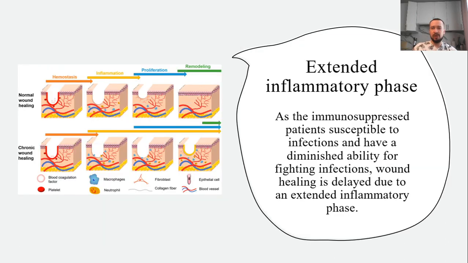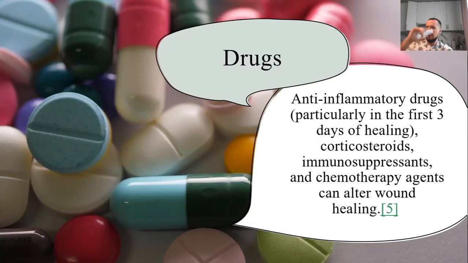Immunosuppressed patients are susceptible to infections and have a diminished ability to fight infections, and wound healing is delayed due to an extended inflammatory phase. Anti-inflammatory drugs, particularly in the first 3 days of healing, corticosteroids, immunosuppressants, and chemotherapy agents can alter wound healing.